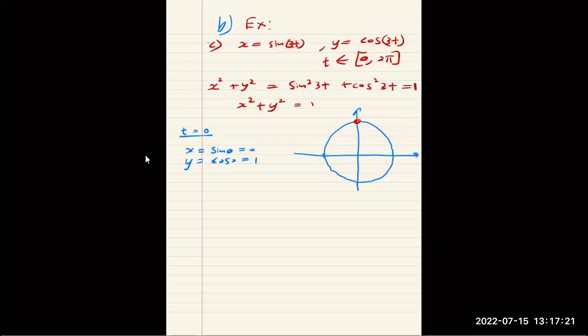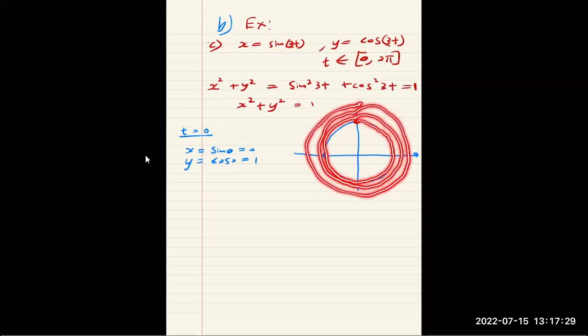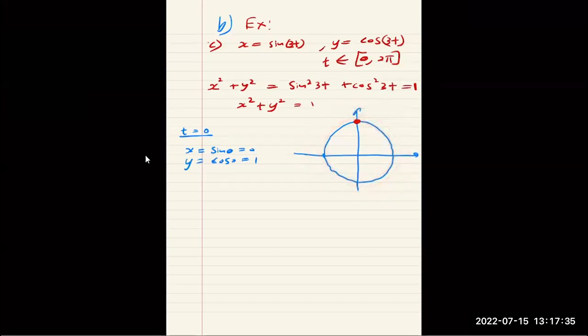That means this goes around 3 times. First time, second time, third time. I have to draw these circles on the same unit circle, but to make it clear to you, I drew it so that you can see the curves separately. So basically the curve goes like this 3 times on this circle.